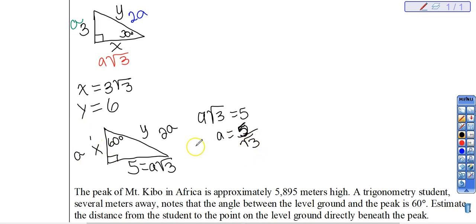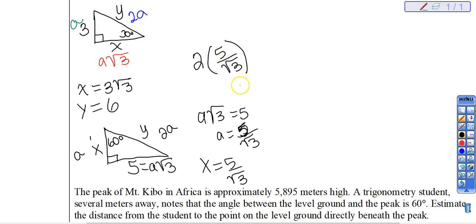So we know now that x is equal to 5 over the square root of 3. Now we just have to find y. So to find y, we would say 2 times a, right? So 2 times 5 over the square root of 3. This is what y is equal to.